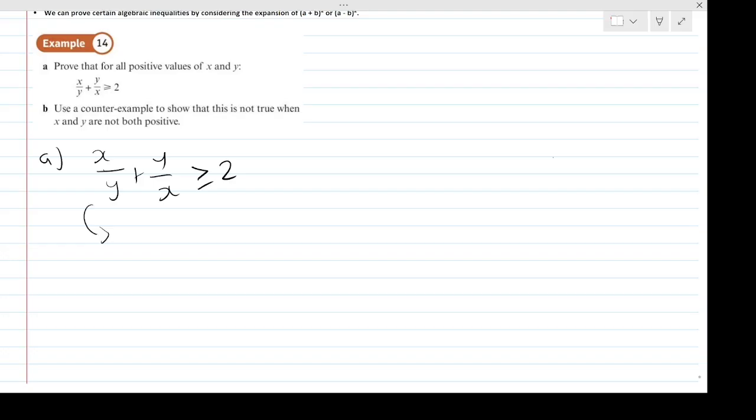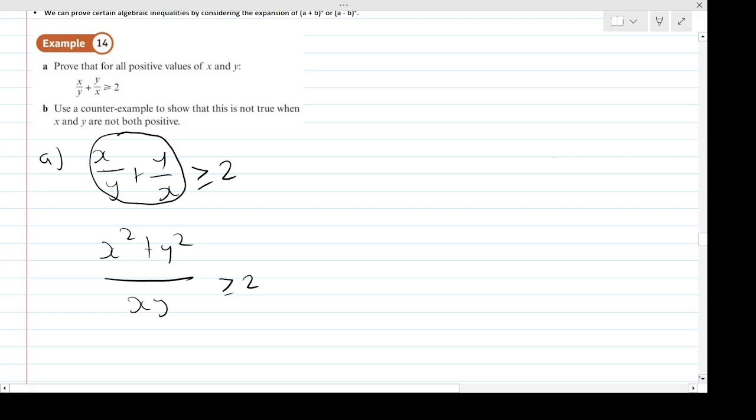Let's see how far we can simplify this inequality. If we add the 2 fractions together, we're going to get x squared add y squared over xy, and that'd be greater than or equal to 2, right?